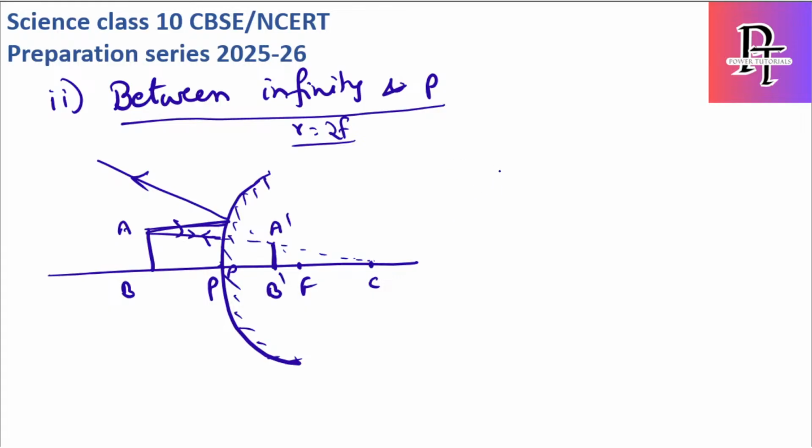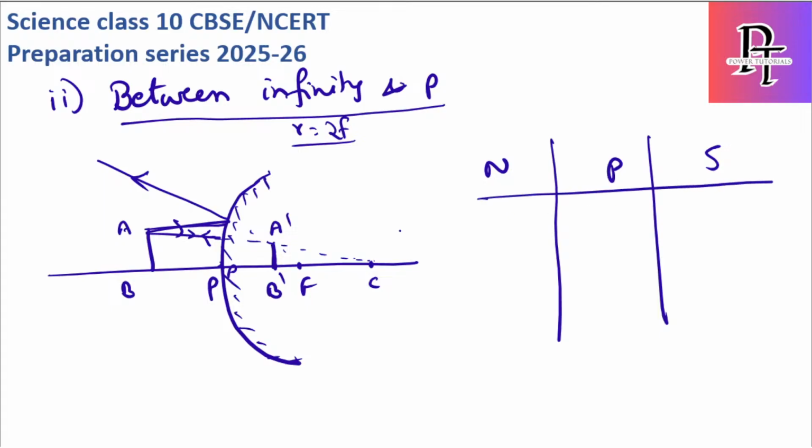So let's write all three things again: nature, position and size. What about the nature? The image is on the right side, so it is again virtual. Is it above or below the principal axis? Above the principal axis, so erect. Position: between focus and pole, and behind the mirror.